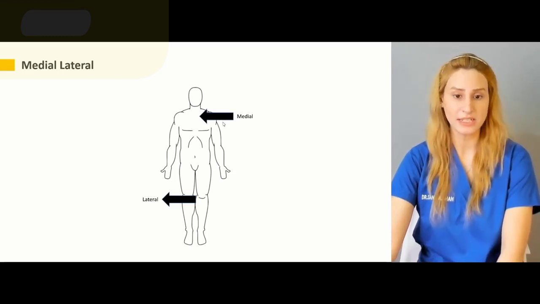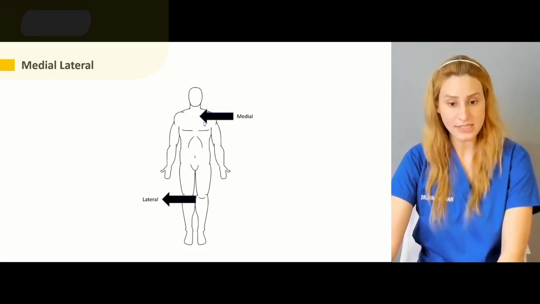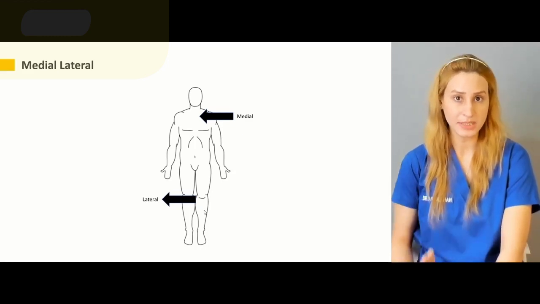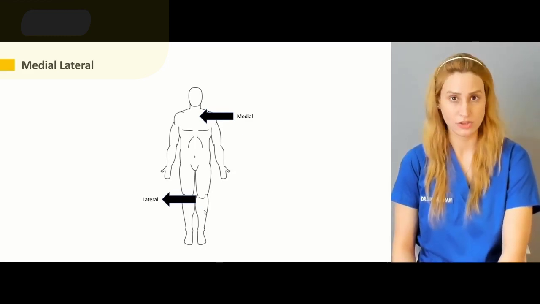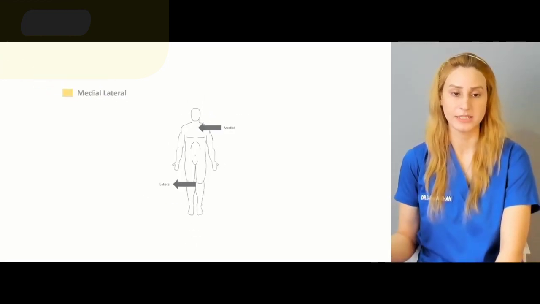The sternum is medial, okay? Let's suppose there is a laceration and I have to describe that laceration. If it's close to the sternum, close to the midline, that would be medial. But if it's away from the body, away from the midline, that would be lateral. So medial is towards the body, lateral is away from the body.